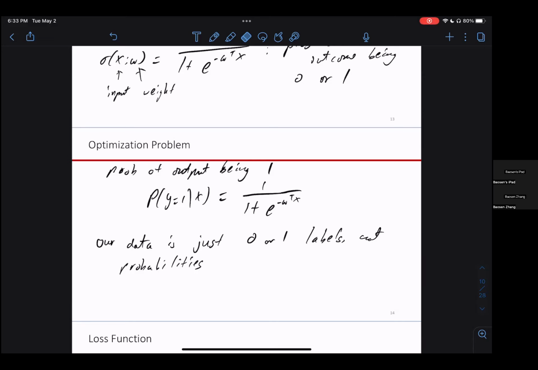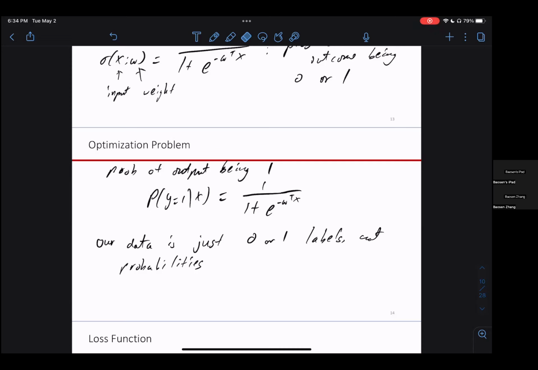When you look at image recognition, it shows a picture of a cat or a dog. It's just two labels. The human is not going to label it with 95% probability that this is a cat. All your labels are just 0 or 1, not probabilities. But the output of your algorithm is a probability. So there's a mismatch between what your algorithm outputs and your data. Is that clear where the mismatch is?